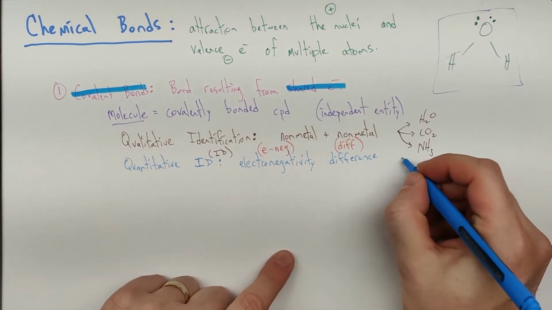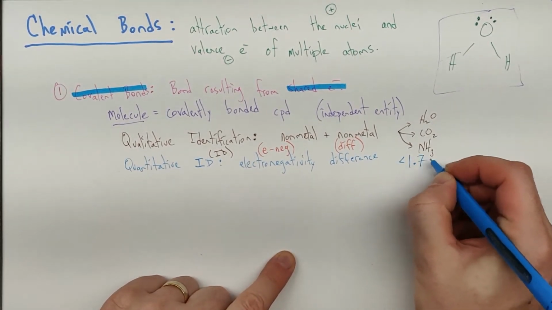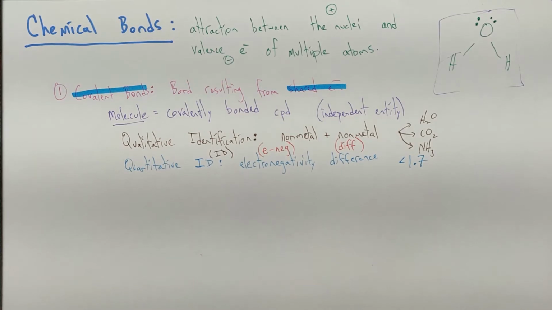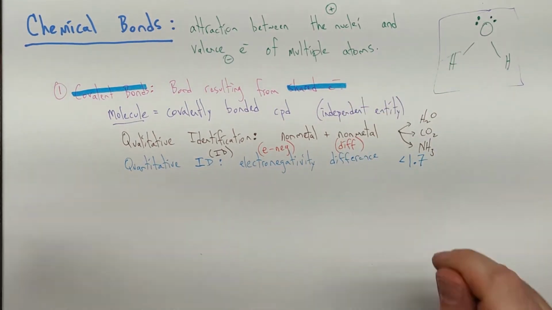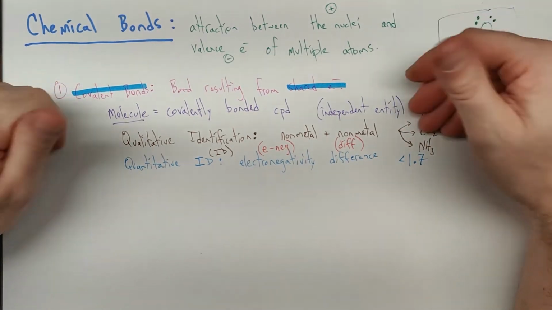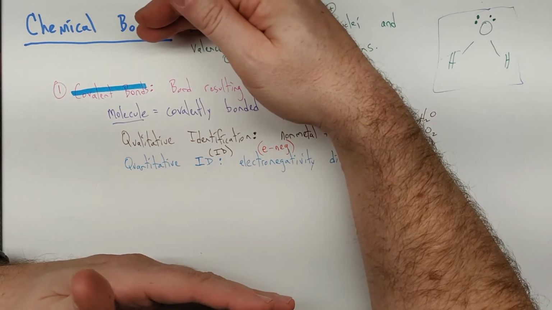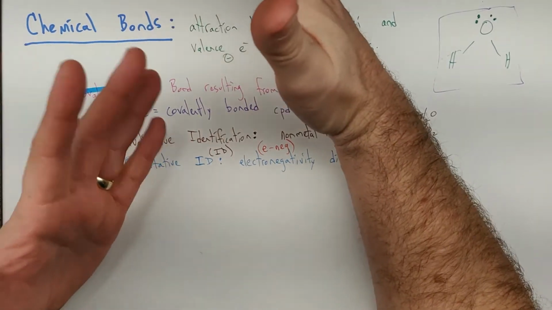Electronegativity difference less than 1.7. All right, so this is a line that's kind of drawn in the sand. And what I mean by that is bonds are not binary in terms of what they are. There's a spectrum. Things are more ionic or less ionic, and they rate them in terms of percent ionic character. How ionic are they, all right?